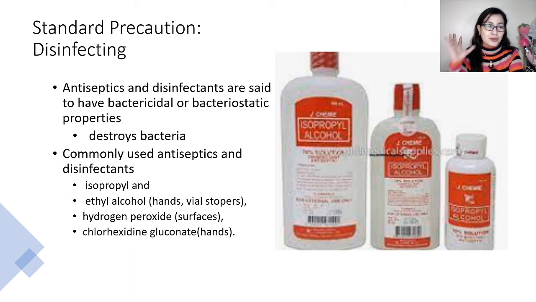They can be used not only on hands but also on vial stoppers to cleanse them. Vials are what you use to get or administer an injection. Hydrogen peroxide is applied to surfaces. Chlorhexidine can also be applied on hands.